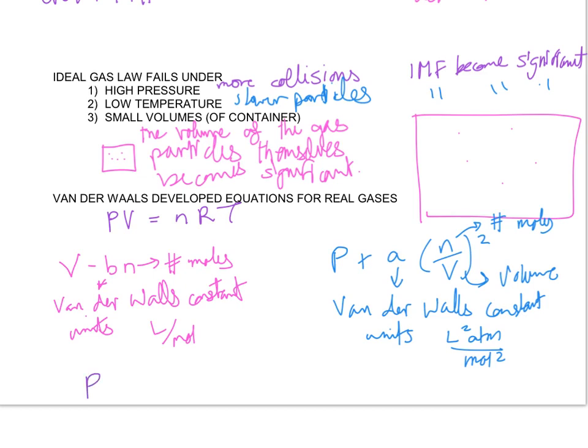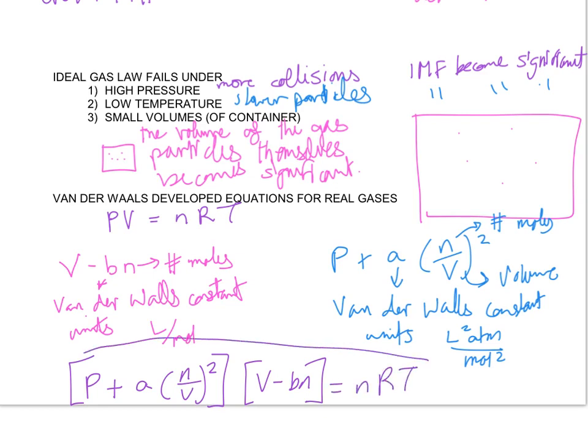You get P plus A times N over V squared, this whole quantity, times V minus B times N is equal to nRT. This is called the van der Waals equation, and it works a little bit better than PV equals nRT.